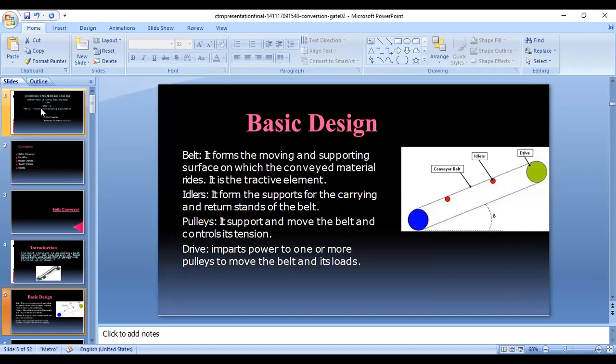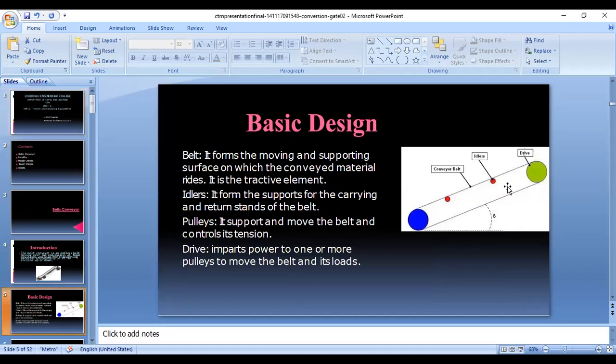The basic design is of the belt. It forms the moving and supporting surface on which the conveyed material rides. It is the tractive element. It forms the supporters.